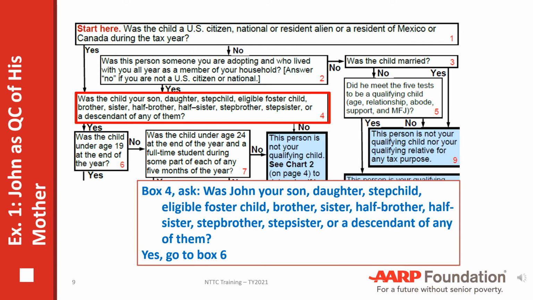Box number 4 has the question, was John your son, daughter, stepchild, eligible foster child, brother, sister, half-brother, half-sister, stepbrother, stepsister, or a descendant of any of them? And the answer to that is yes, and that sends us to box number 6.